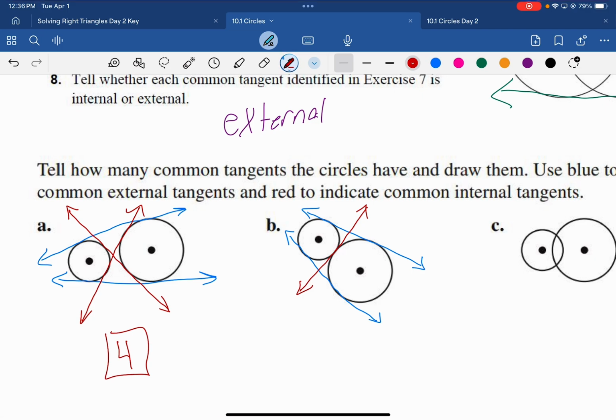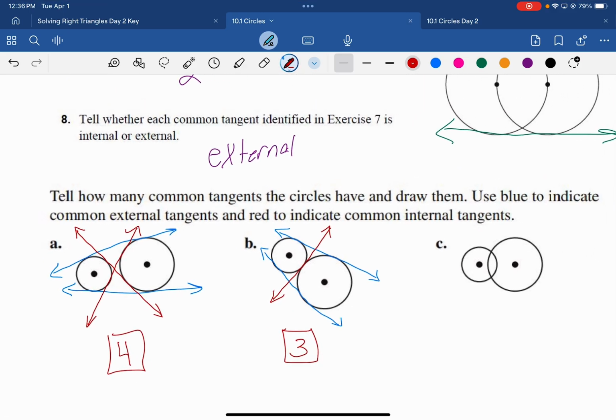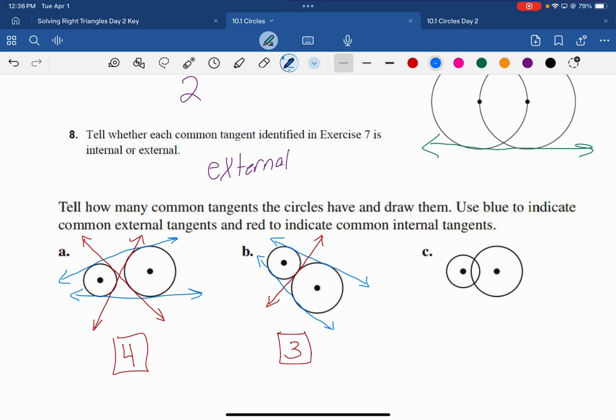Yeah, that only intersects once because those circles are just touching at one point. Any more? Nah, that's it. And letter C is just like the one above, right? So it doesn't have any internal, just 2 external. There, and there. So 2. Any questions?